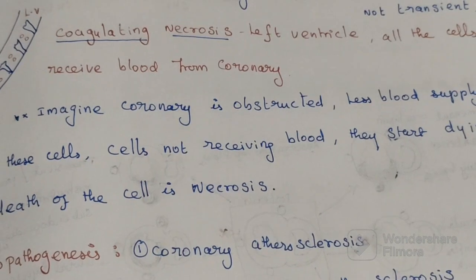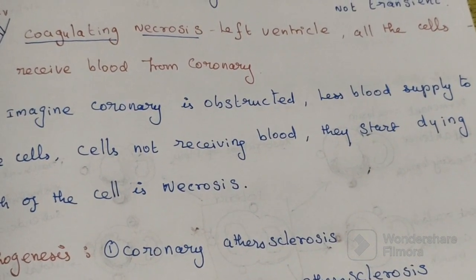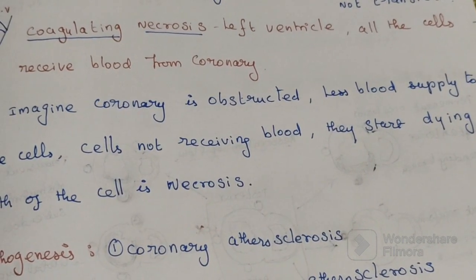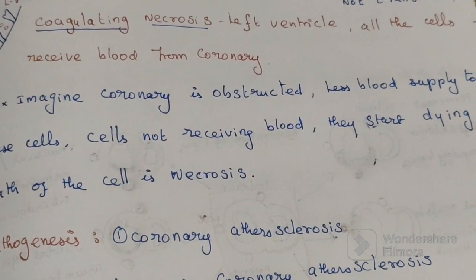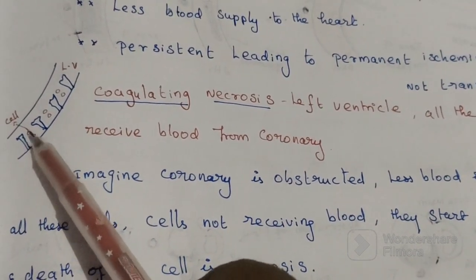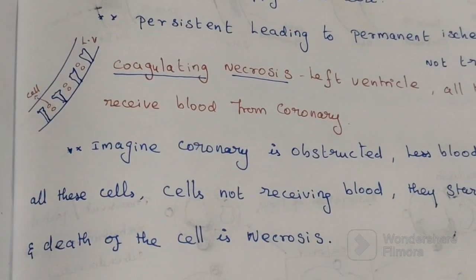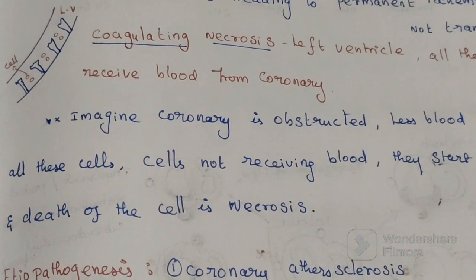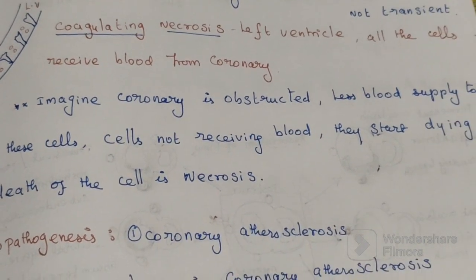There is less blood supply to all these cells, so they will start dying. The death of the cell is necrosis. Here it is coagulative necrosis. It is an infarct area, that is MI.